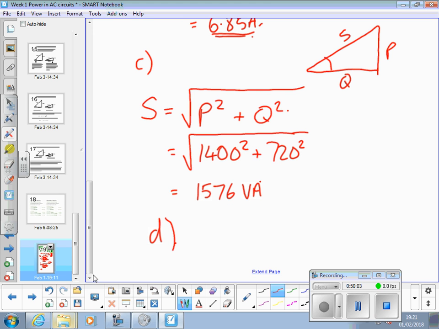Considering the information given in the question. Remember, you've been given V and you've been given P and Q. So they're given values. So if we can use them, that would be the best way to go.